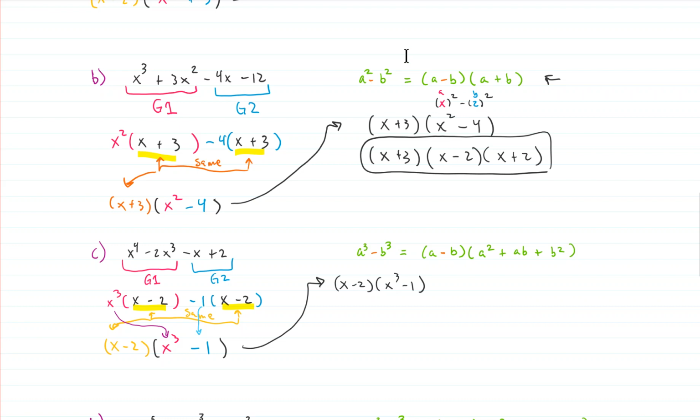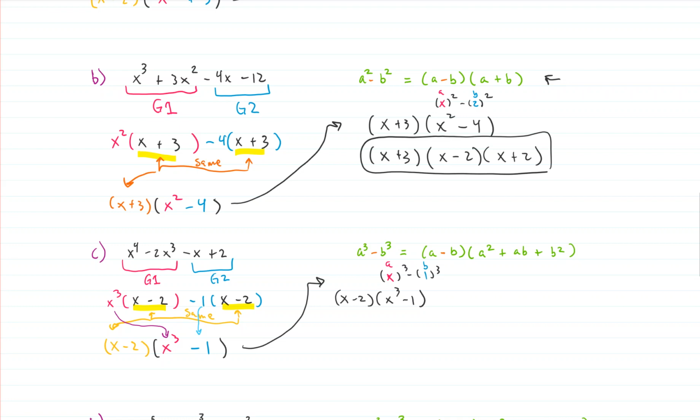So I have something cubed minus something cubed. The something in the first spot is x, so that's a. So a is x, and 1 is b.